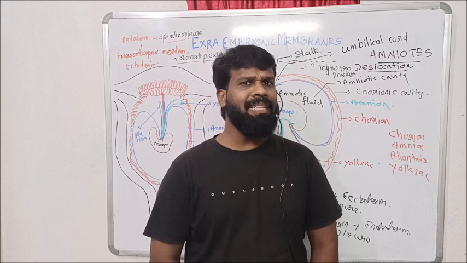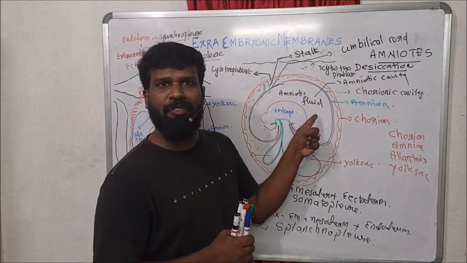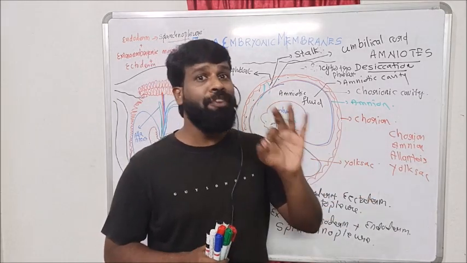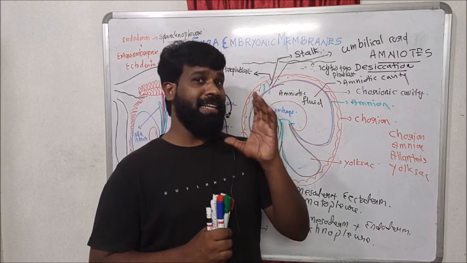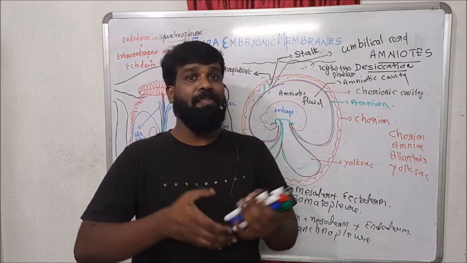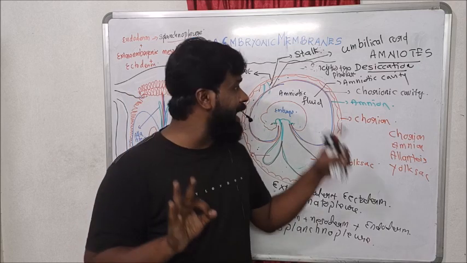As a result, there is no need of this type of fluid-filled membrane for preventing the drying of embryo. In animal groups like fishes and amphibians, whose embryonic life is in water, there is no need of the fluid-filled extraembryonic membrane.